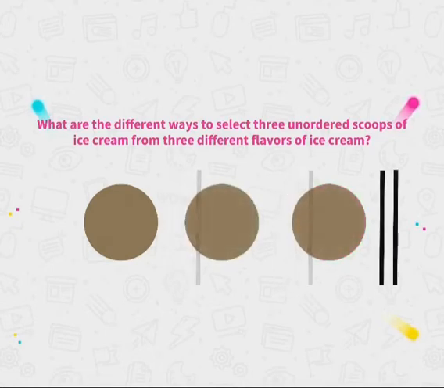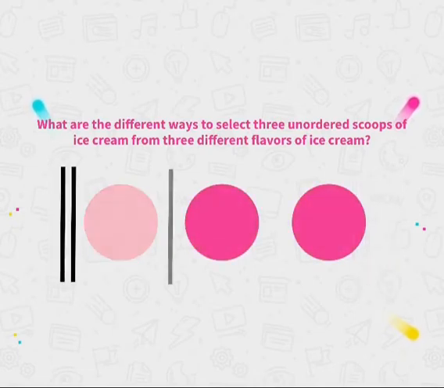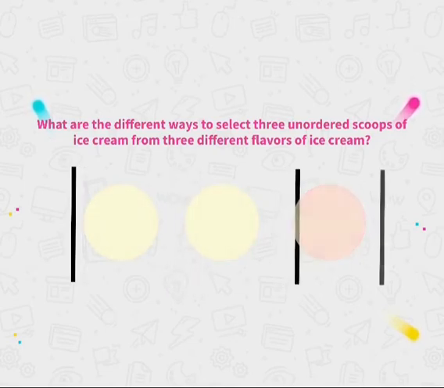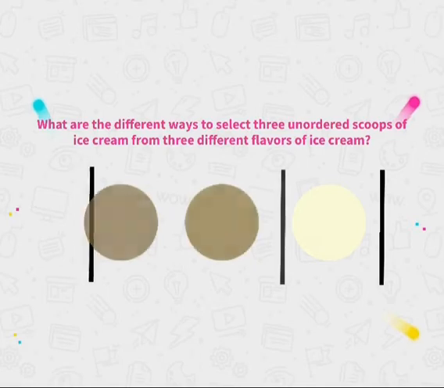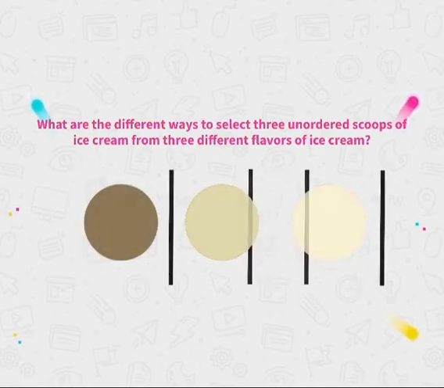She also moved the 2 dividers to the left and filled in the scoop flavors. She continued this process until she had exhausted all her options. In the end, she realized she can create 10 different arrangements of 3-scoop cones from 3 flavors of ice cream by placing the 2 dividers in many different arrangements.